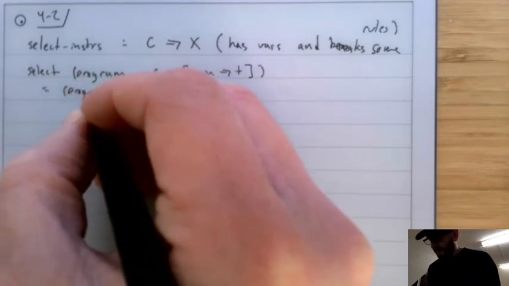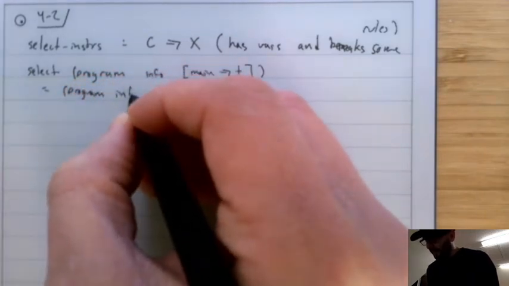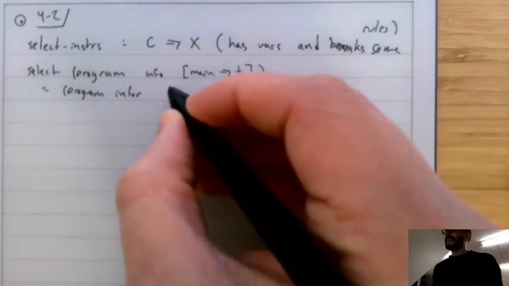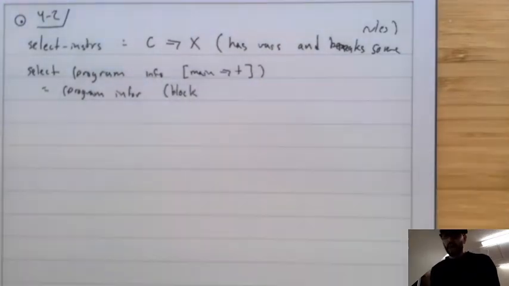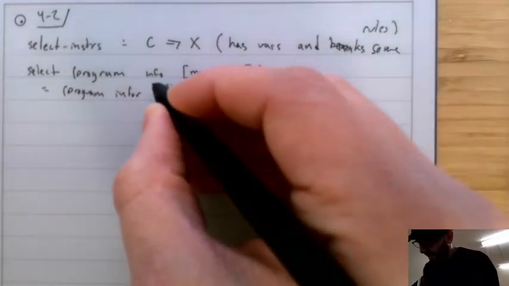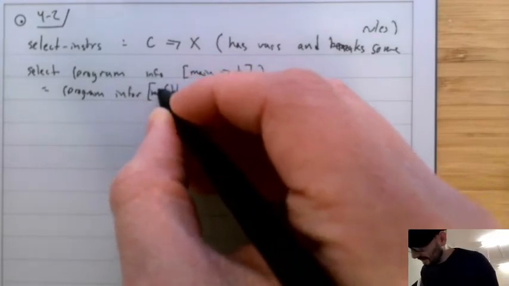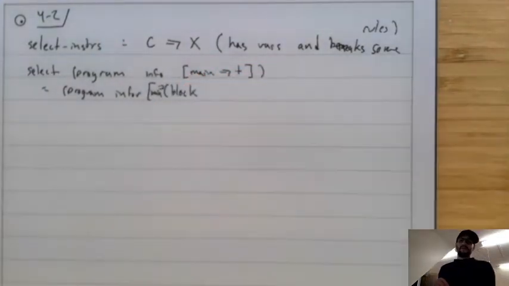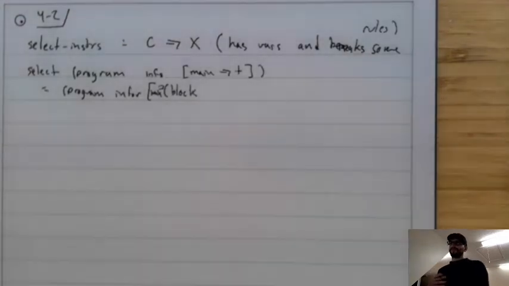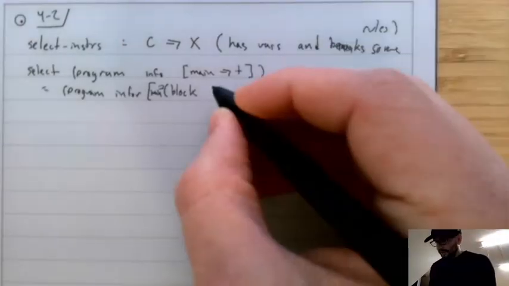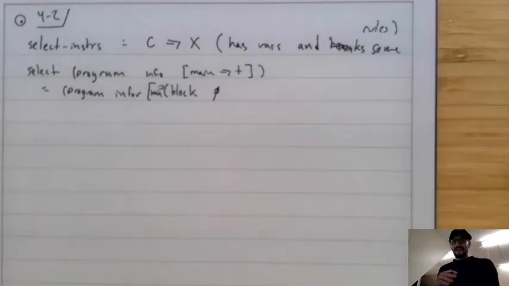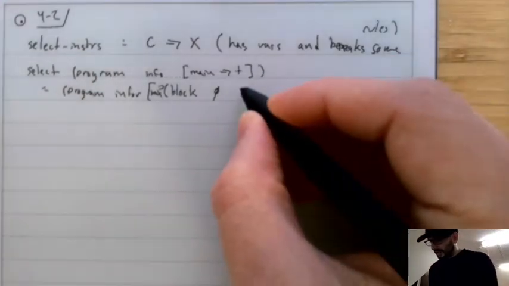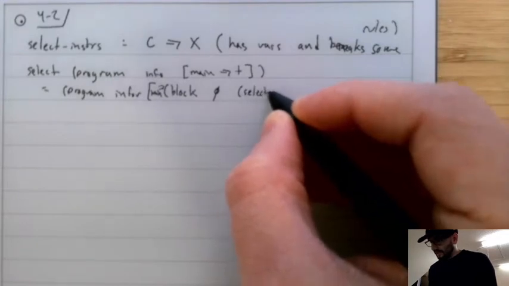This now is, of course, an X program with some info, and it's going to have a mapping from main to a block. Remember, block is the structure where the block is going to have its own info, which is going to start off as empty. And then it's going to have a list of instructions, which will come from calling select on t.